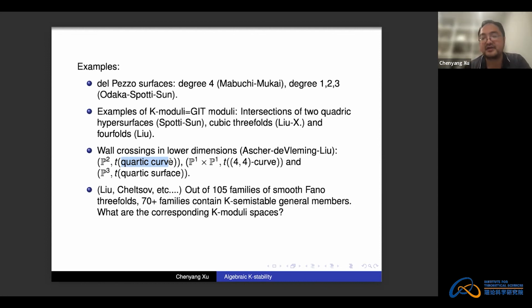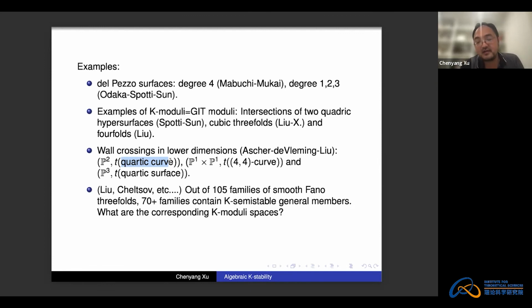Then you can naturally ask whether all the smooth members are K-semistable, and most of them are. We probably conjecture all of them are K-semistable. And most of them are even polystable, with some exceptional cases, like the famous deformation of the Mukai-Umemura threefold, proved by Tian. And there are some other examples in other cases.